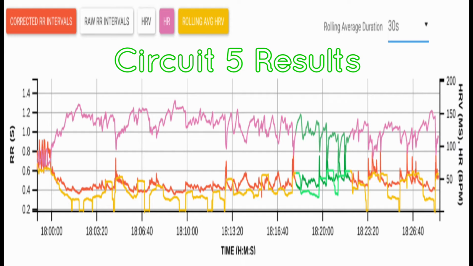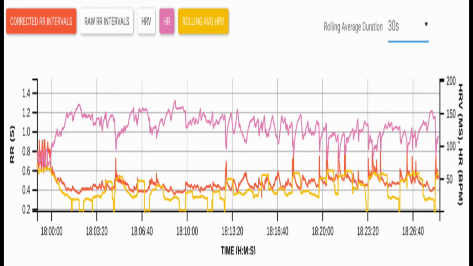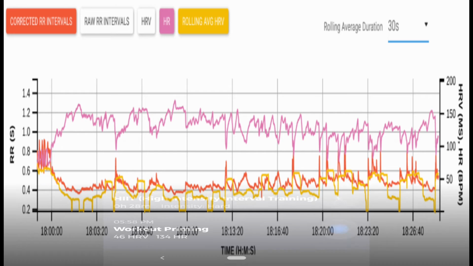And then heart rate is measured in beats per minute. I believe that just about covers it for this graph. So I'll go to the app where I got the graph and the next screen coming up.